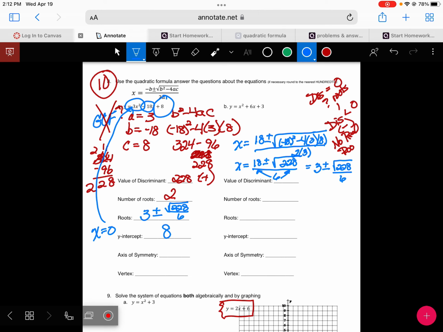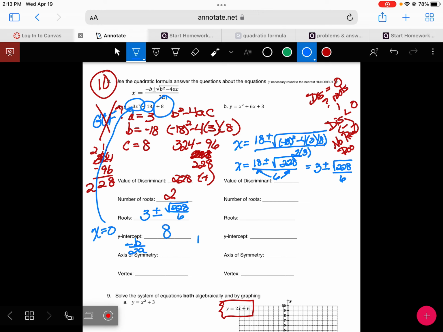Axis of symmetry. There's a certain little formula that you have to remember for axis of symmetry. Anybody remember what that is? We just did it the other day. It was on that wonky page where the thought bubbles and the speech bubbles were not pointing in the right place. It is opposite of b divided by 2a. Okay, so b is negative 18.